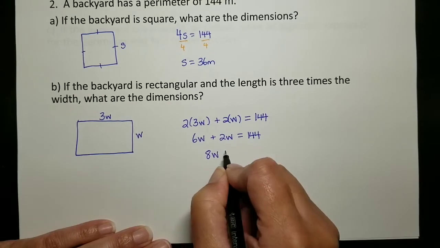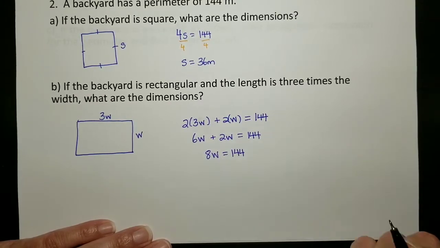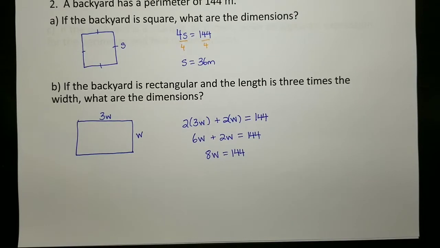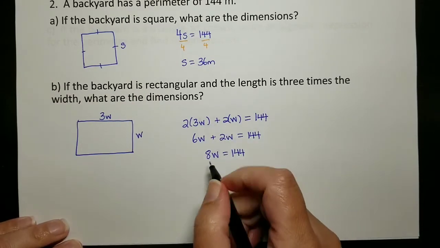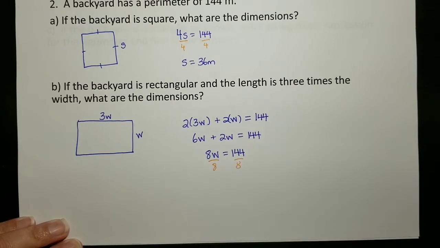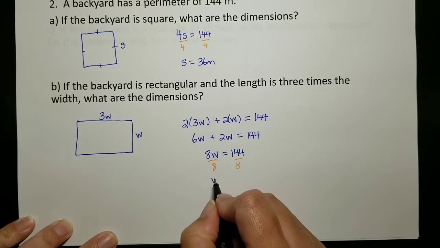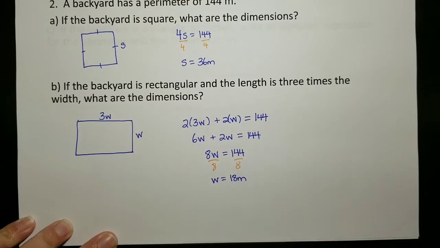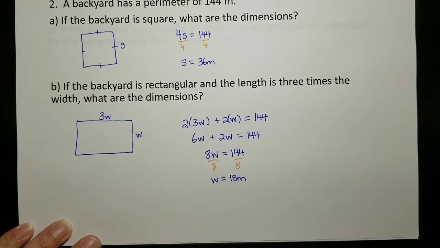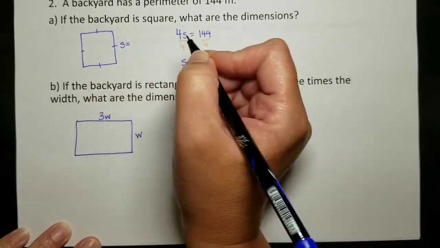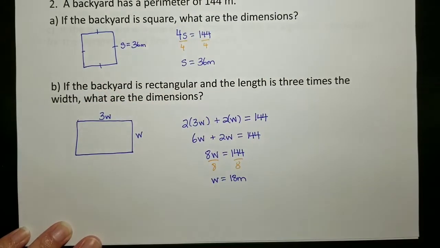and 8W equals 144. When we divide by 8, we get 18. So W is 18 meters. Here, the side length was 36 meters for the square.